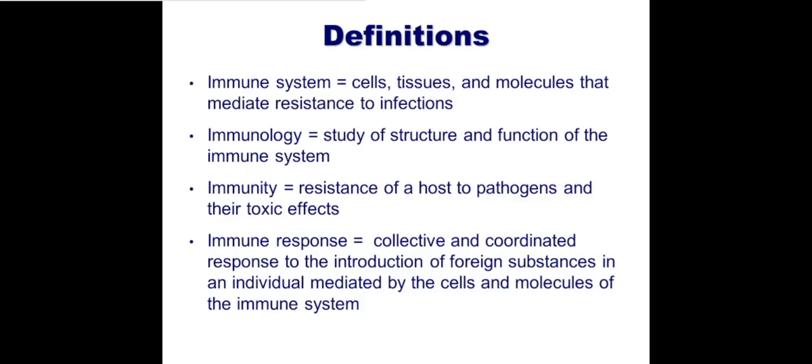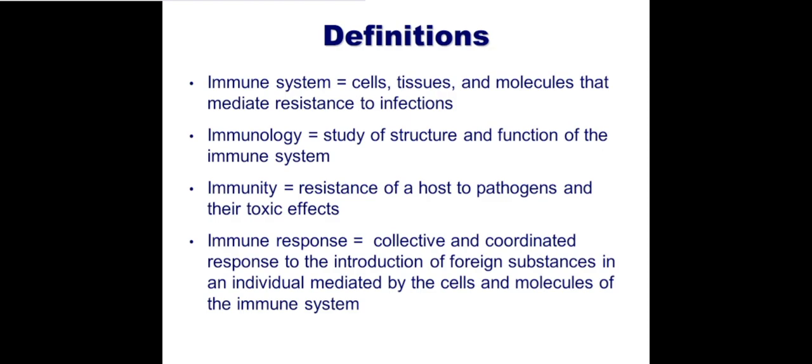First we have to understand what the immune system is, what immunology is, what immunity is, and how immunity responds. So first you have to understand all these terms. The immune system is nothing but the cells, tissues and molecules that mediate resistance to infection.